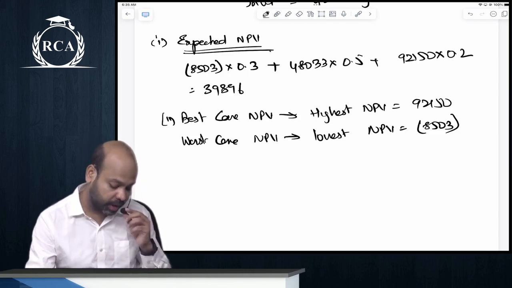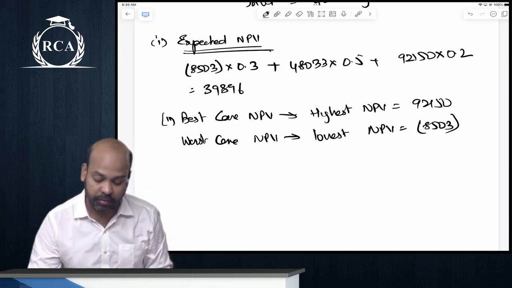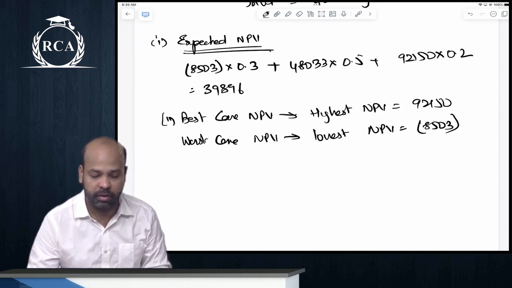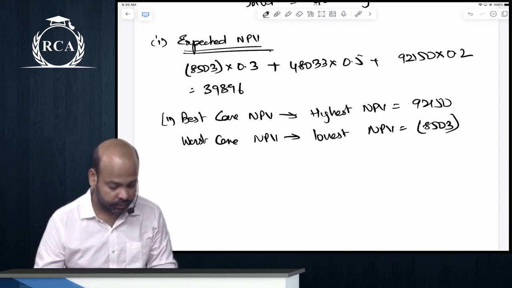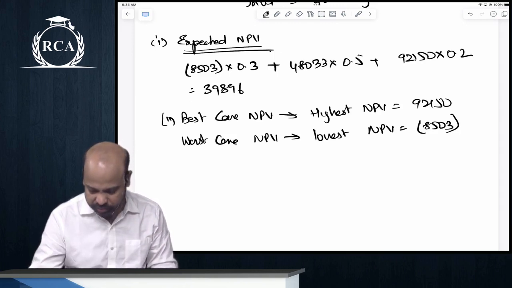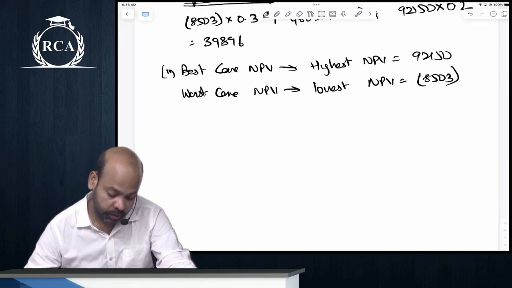We have an expected NPV of 39,896, a best case NPV of 92,150 and a worst case NPV of negative 8,503. Any doubt in this? Next.